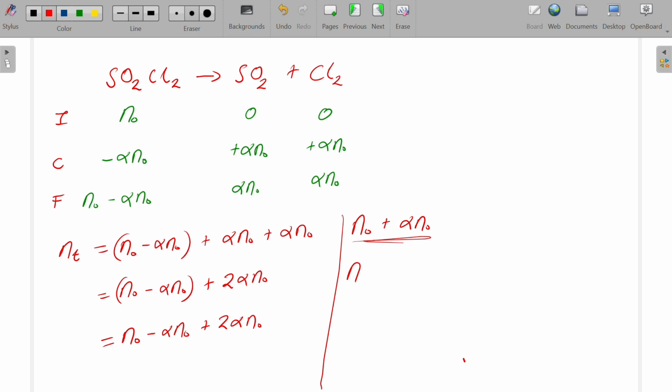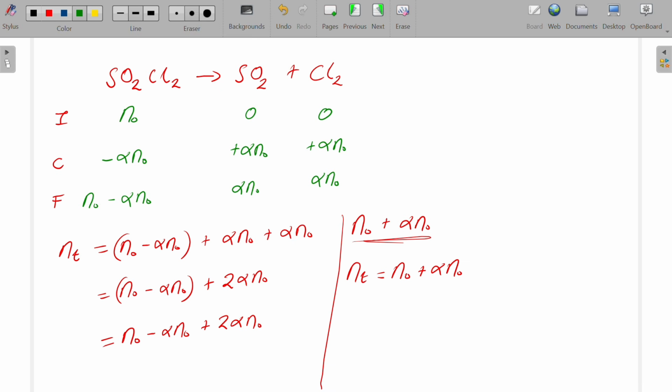In other words, we have Nt is equal to n initial that is being added to alpha n initial, like that. And when we look at what we have here, we can say we have something that is common. We have n initial here, and we also have n initial on the other side. So we're going to factor out the n initial.